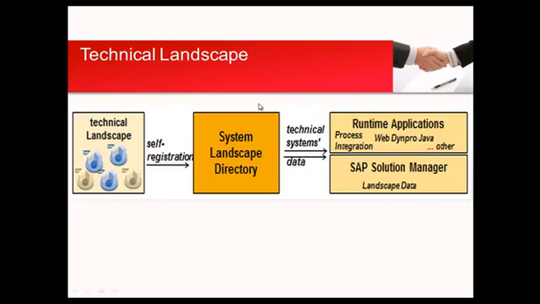So you can see how the flow of information takes place from the managed system to the central landscape directory, to LMDB, that is landscape management database, to SMSY, that is system landscape.